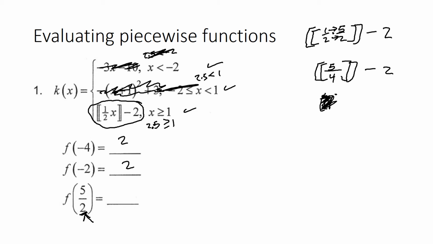So the floor of 5/4 or 1.25 is 1. If you're having trouble with the floor function, I have a separate video on floor and ceiling functions that you can take a look at. So it'll be 1 minus 2, which would be -1.